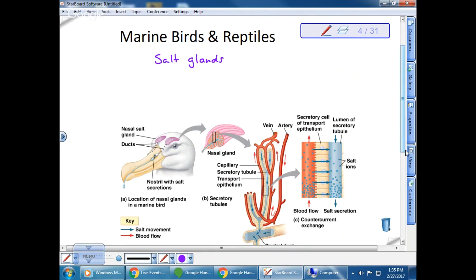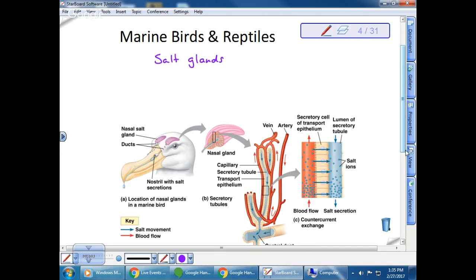So you'll notice that blood is going in one direction, and then this water, this secretory tubule, it would be like a sweat gland, is going in the other direction. So notice that it's a counter current exchange. And so salt will just passively move from the blood into the water in the duct of the secretory vessel, and then it will be secreted.